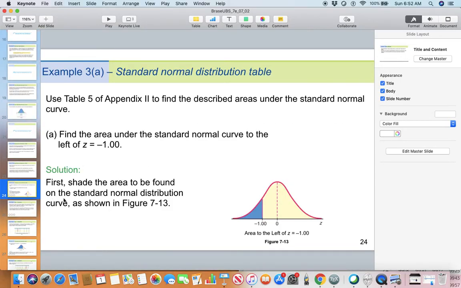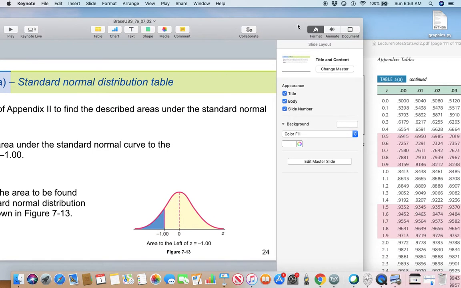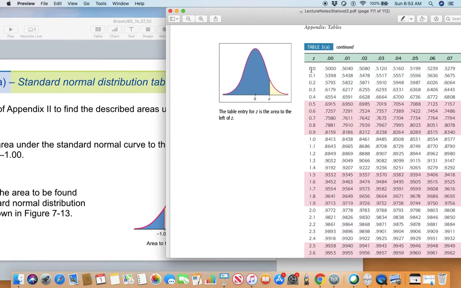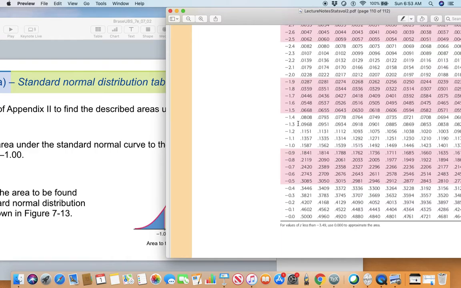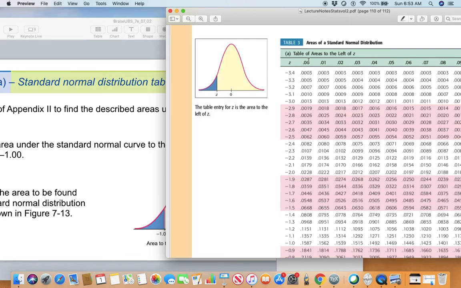Regardless, here is a concrete example of how you would find the area under the standard normal curve to the left of negative 1.0. Negative 1.0 is to the left of 0. You want to find this area. So what do you do? You look at your table for the Z value negative 1.0, which is here. There are many numbers here, so which number would you choose? For that, you go upstairs.